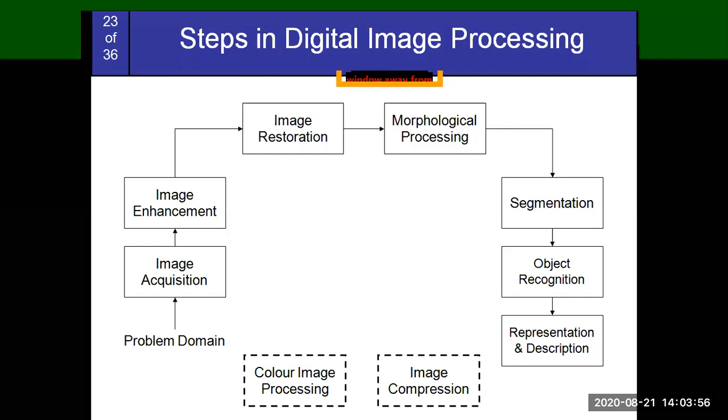After image acquisition, the image may or may not be clear, some light intensities are dull, and there may also be noise. These are all resolved in this second step. That means removing the noise, which is filtering, and enhancement, highlighting the image. Whatever is involved in this is the image enhancement step, the second step.